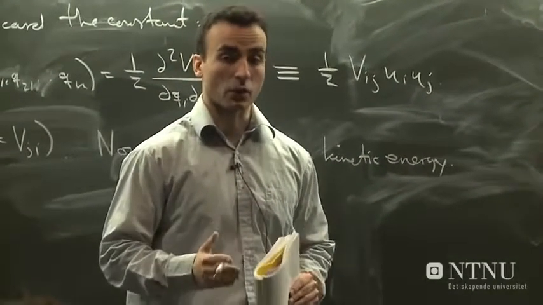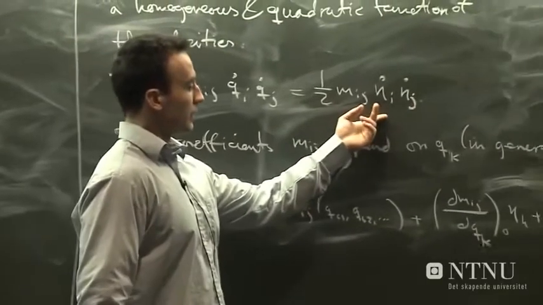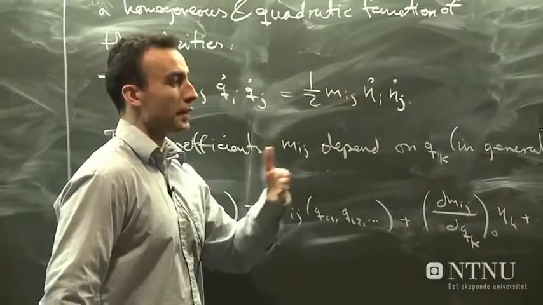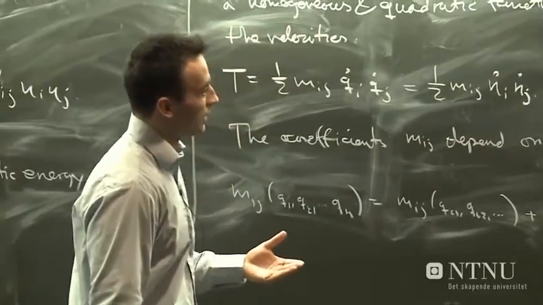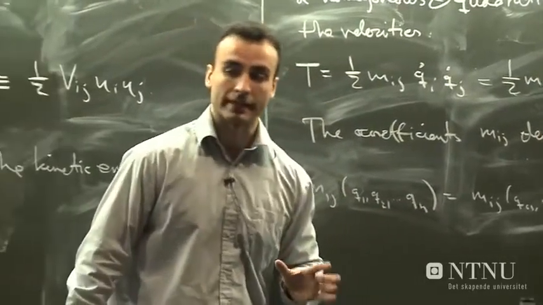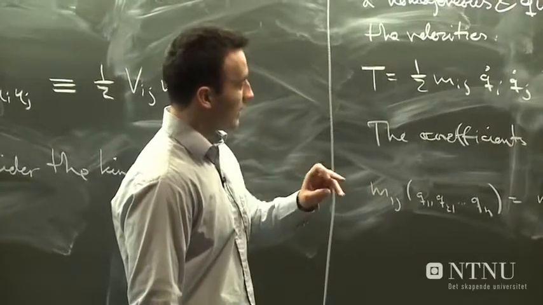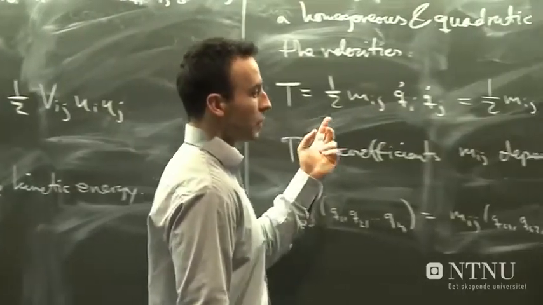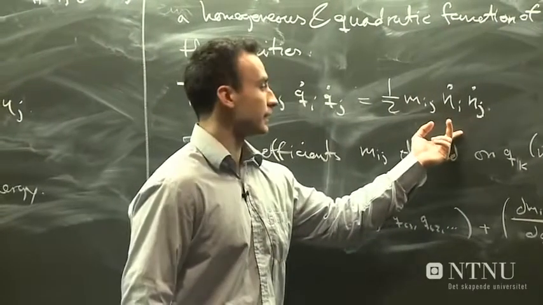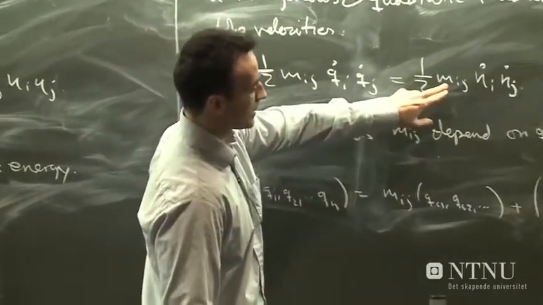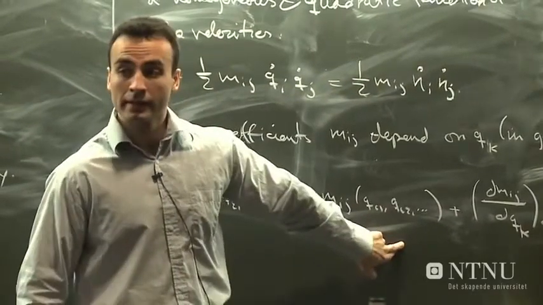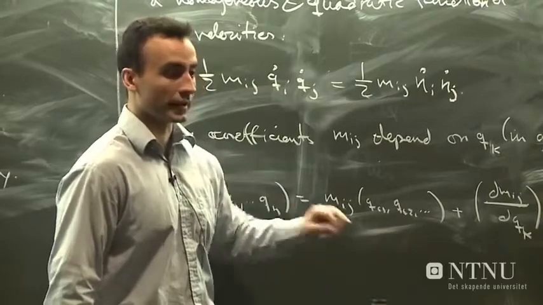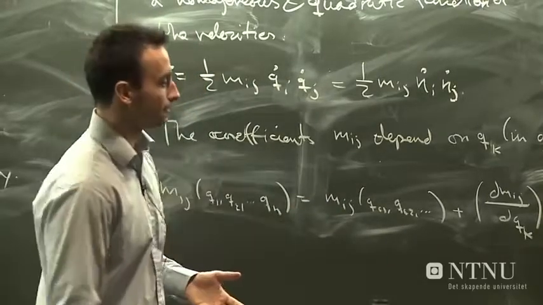Now we have a potential energy that we have written up to second order in these perturbations from equilibrium. So we should keep the same order terms in the kinetic energy as well. Here, the potential energy is second order in these quantities. Now the kinetic energy is already second order in these, so we only have to include this lowest order term in the mass in order to get a second order expression in the kinetic energy.